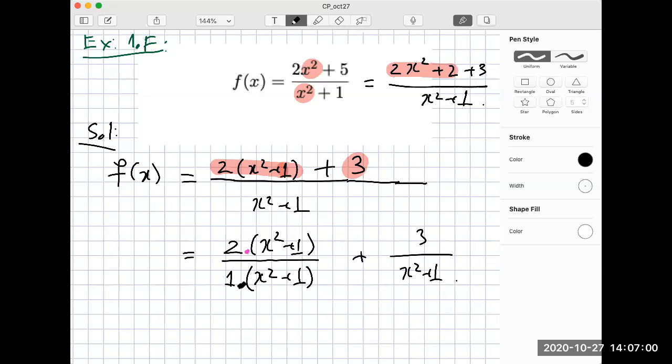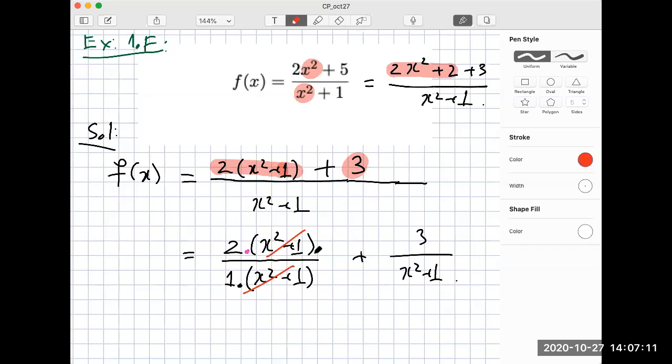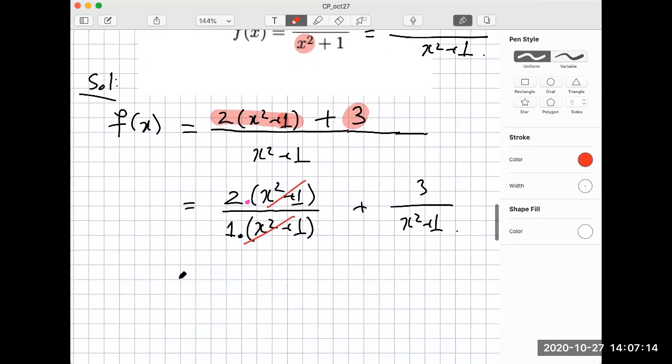Right? The denominator, we can write it 1 times this guy, and they're all products in multiplication and division. So we can simplify this and this. They cancel each other. So the first term becomes 2, yes. Here, the constant 3, we can write it this way: 3 multiplied with 1 divided by x squared plus 1. You agree?